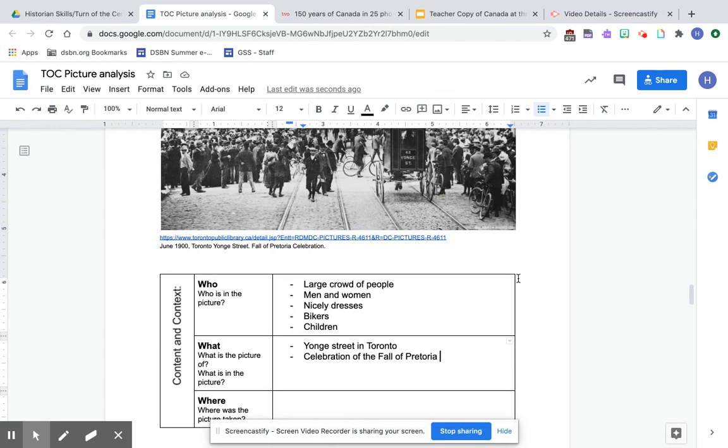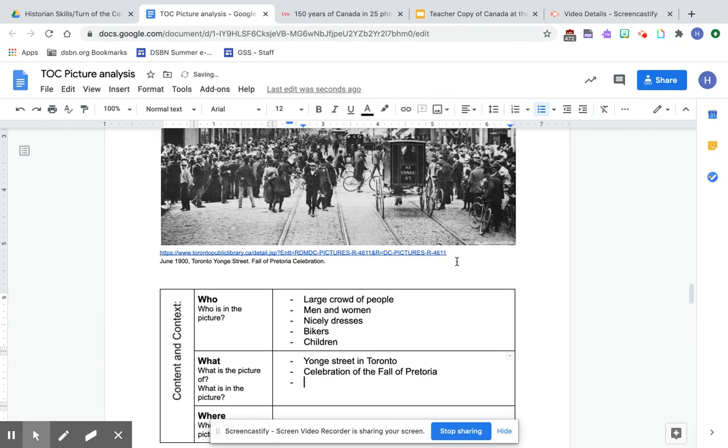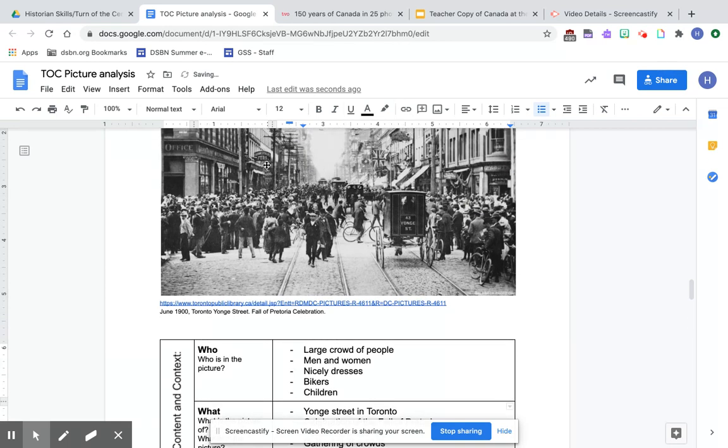What is in the picture? Well, we see people on bikes. We see a gathering of crowds. We see horse-drawn buggies. We see shops, because if you look up here, we can see furs.